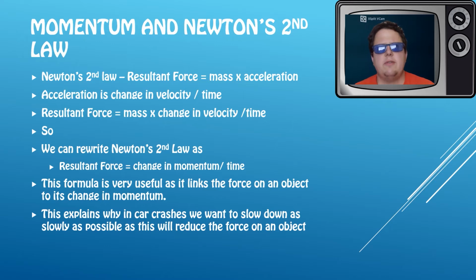Now this formula itself is very useful when it comes to talking about the force on an object when it's changing momentum, or the force required to change the momentum of an object. When we did car safety in the previous unit, we talked about it a little bit there. As you can see, time is on the bottom of this fraction.